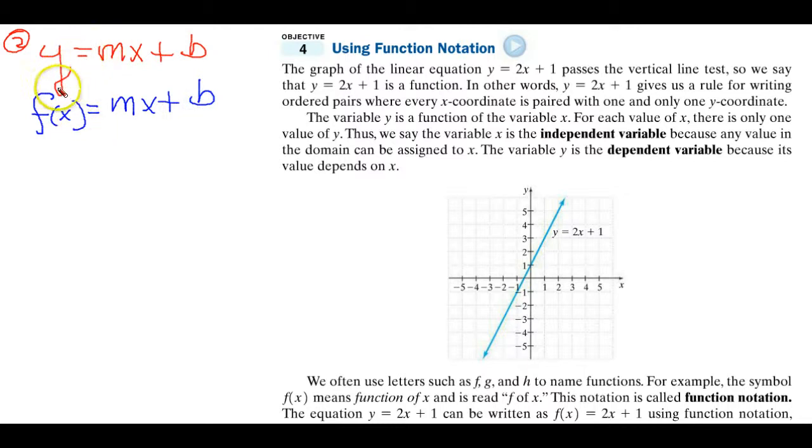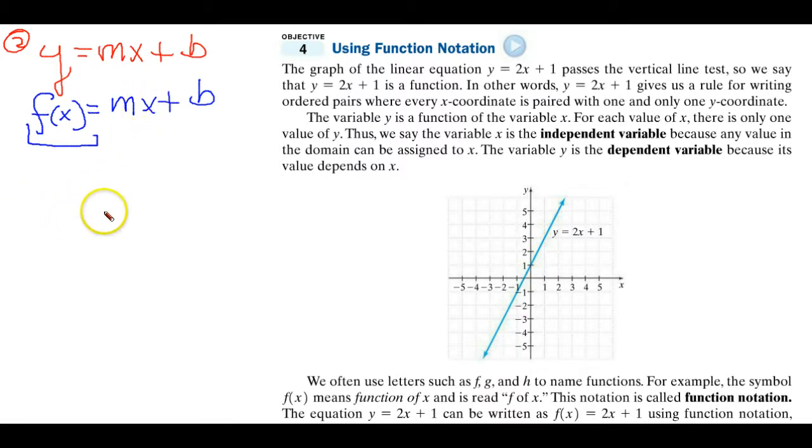We have gone from our graphing mode and the typical slope-intercept form to a function form by introducing f of x. And then what this x here in parentheses refers to is a value for this x here.